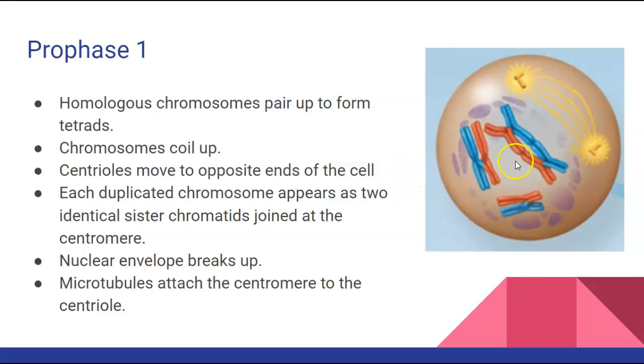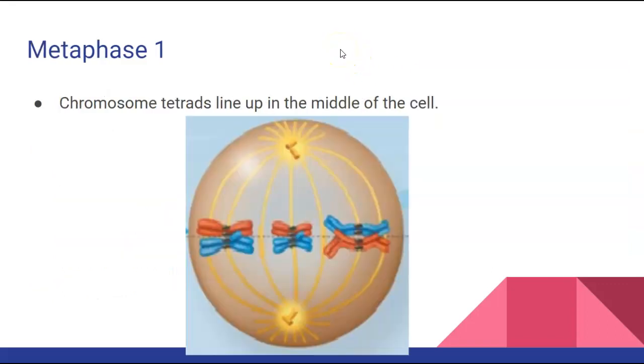Those are your spindle fibers there. Okay, the big takeaways here are that homologous chromosomes form and pair up, and the centrioles shoot out spindle fibers so that they can get ready to start connecting to the chromosomes and moving them around.